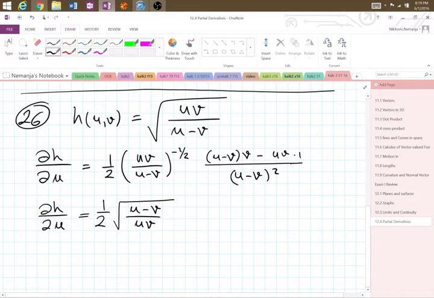And then what do I have here? I have uv minus v squared minus uv divided by u minus v squared, and then these two cancel.